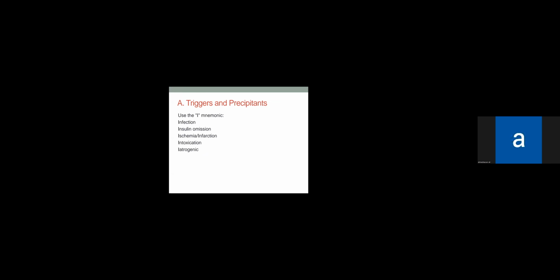When we talk about hyperglycemic crisis, we should search for the underlying triggers and causes. For this, we use the I mnemonic. I for infection. This is one of the most common causes: pneumonia, UTI maybe. Second, I for insulin.